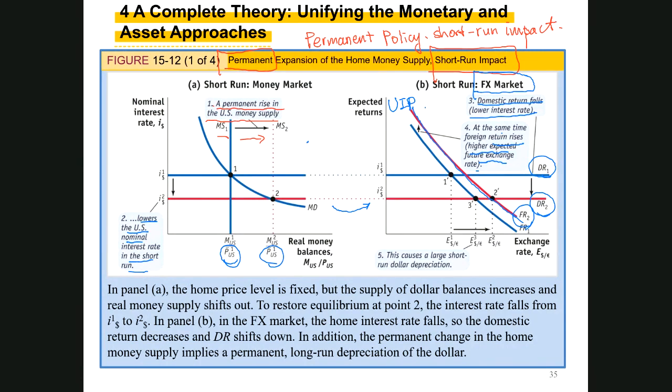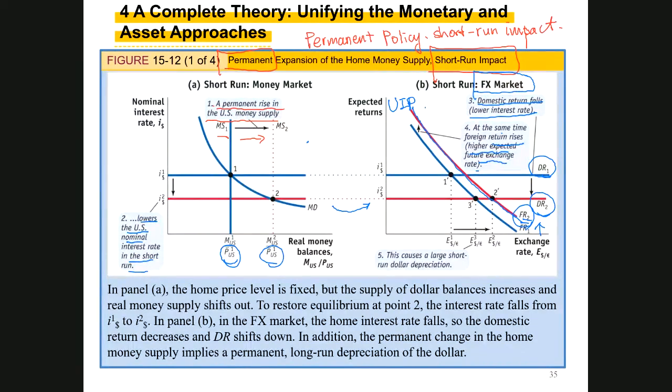So if you convert your US dollar to euros, you can avoid it. More so, you could have more return on it, right? So now FR1 will move to FR2 at the same time.